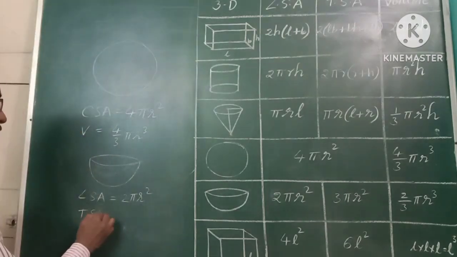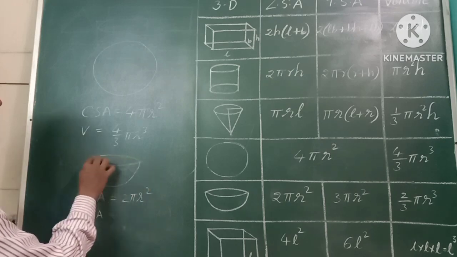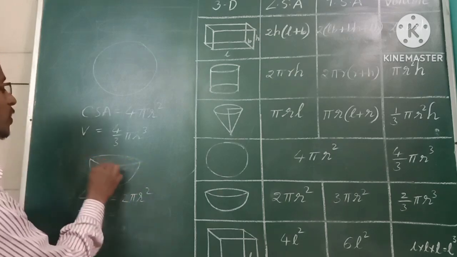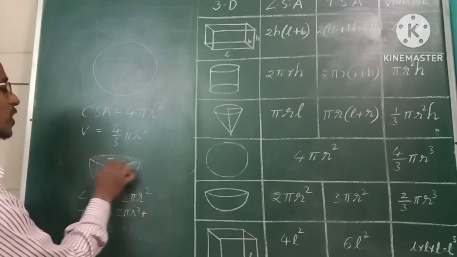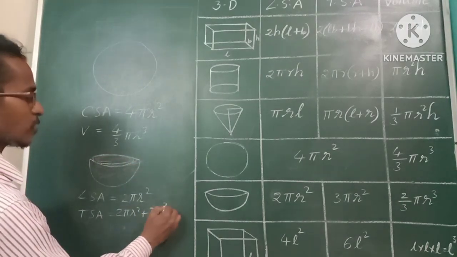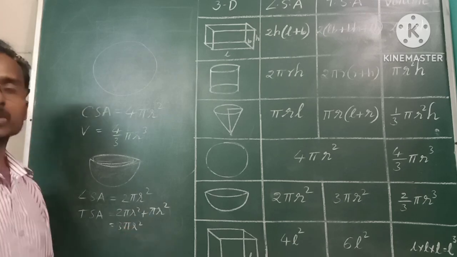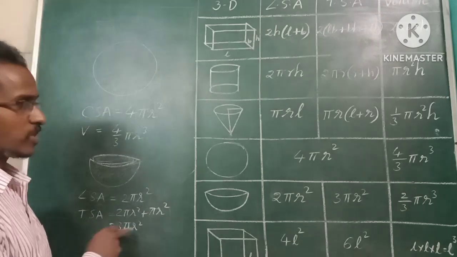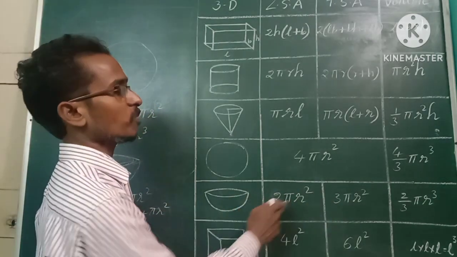And TSA: how many surfaces are there? One curved and one flat surface. So 2 pi r square plus the area of the circle, pi r square. Adding both gives 3 pi r square. So TSA of a hemisphere is 3 pi r square and LSA of a hemisphere is 2 pi r square.